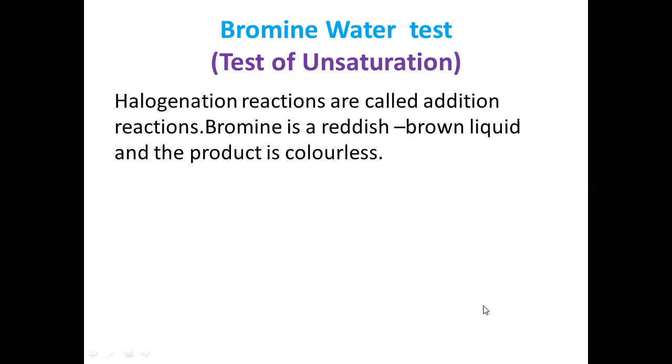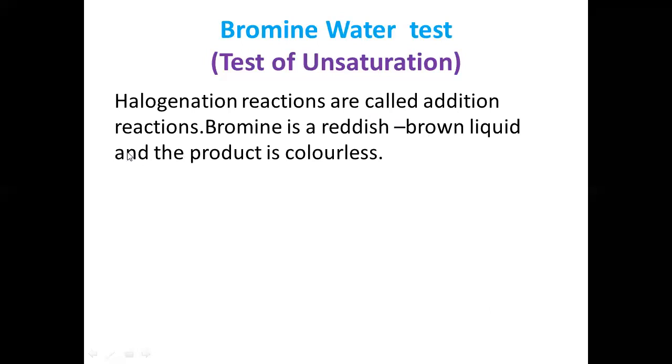For the identification of unsaturation of a hydrocarbon, we can use this test, which is called the bromine water test because we are using bromine. It is also called bromination.